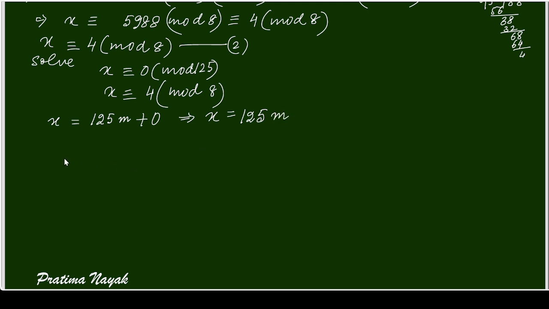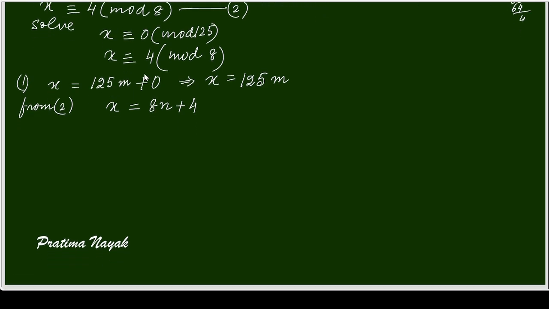And from congruence 2, it is x equals 8n plus 4 when n is a natural number. We'll solve these two equations. So I can write in place of x, 125m.